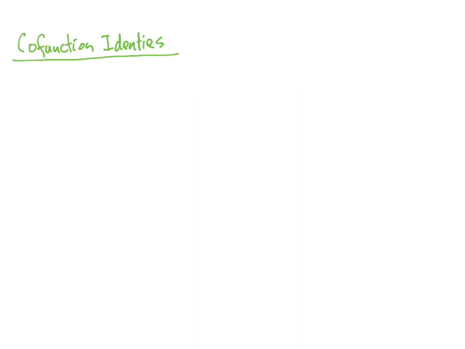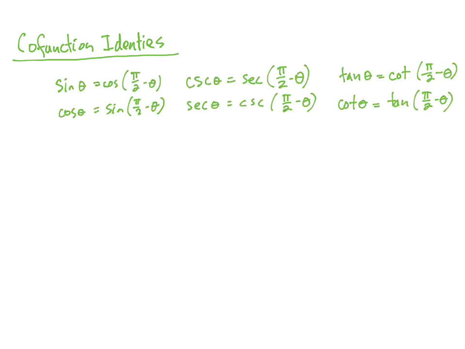Now we've seen the cofunction identities in some other places, and here they are. And when we saw this previously, we looked at a right triangle to verify these identities. But we can also do this with the difference formulas. So suppose we have cosine of pi over 2 minus theta.